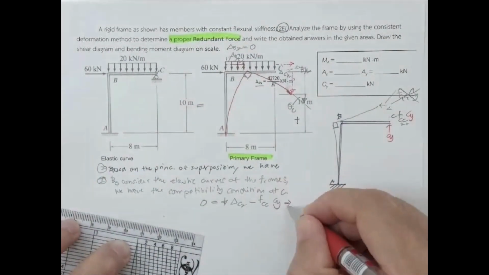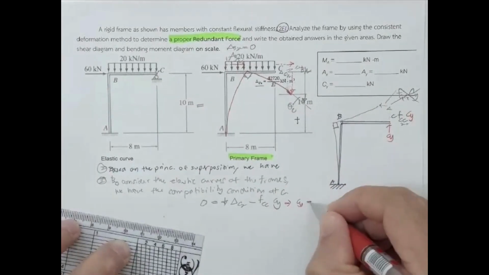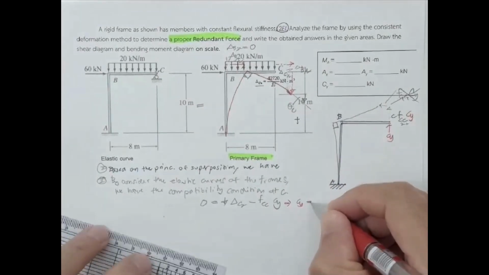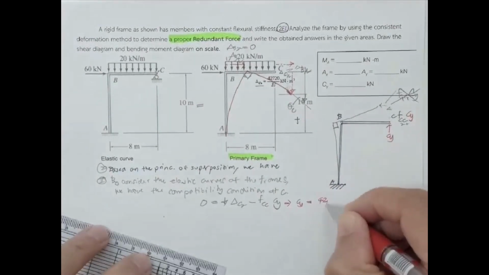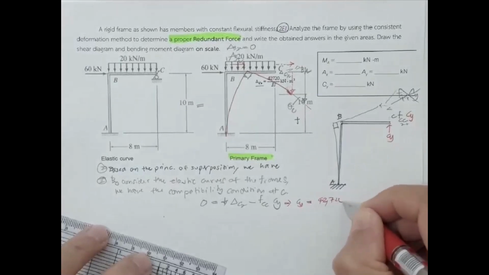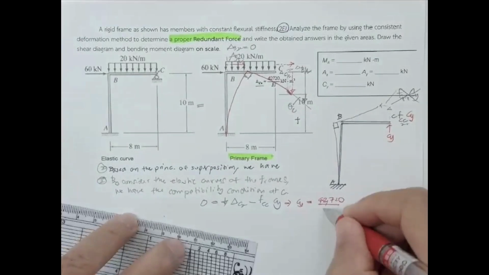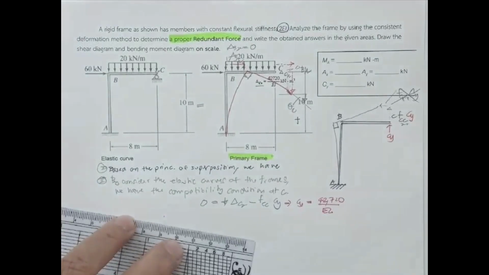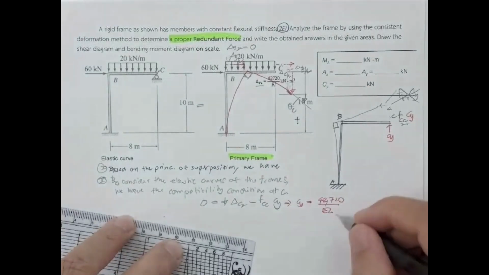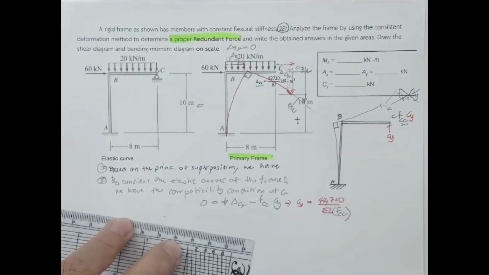Now putting this in, C sub Y is going to be 42720 divided by EI, and then you have this one to be F sub CC.